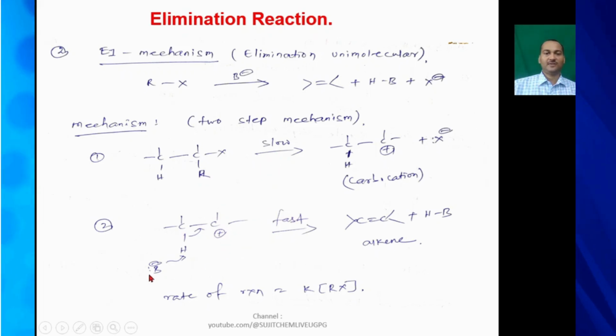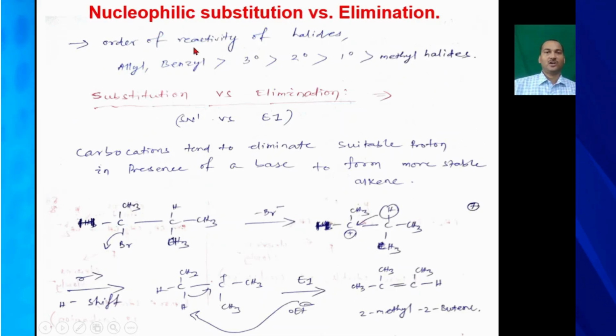In the next step, the base B minus takes this proton and this bond moves here, so you get alkene and HB. This step is fast. The rate of reaction is k times the concentration of alkyl halide. The order of reactivity of halides follows this order: allyl, benzyl greater than tertiary, greater than secondary, greater than primary, greater than methyl halides.